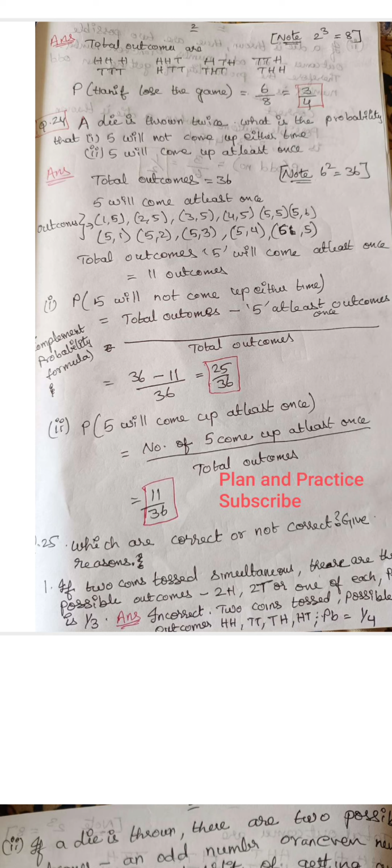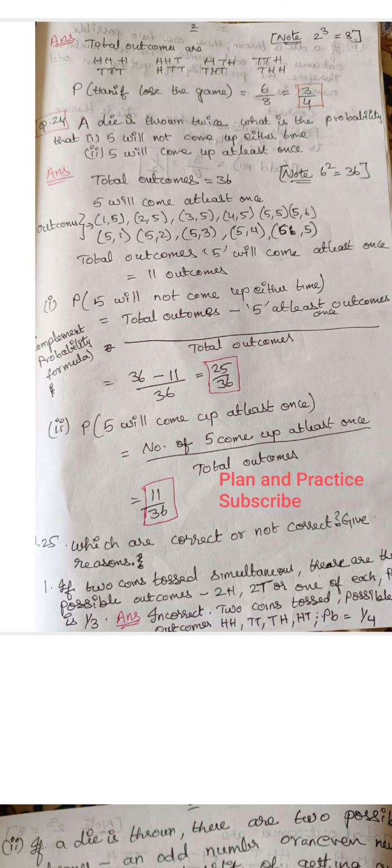Next, question number 25. Which of the following are correct or not correct? Give reasons. First one: if two coins are tossed simultaneously, there are three possible outcomes: 2 heads, 2 tails, or one of each. The probability is 1 by 3.